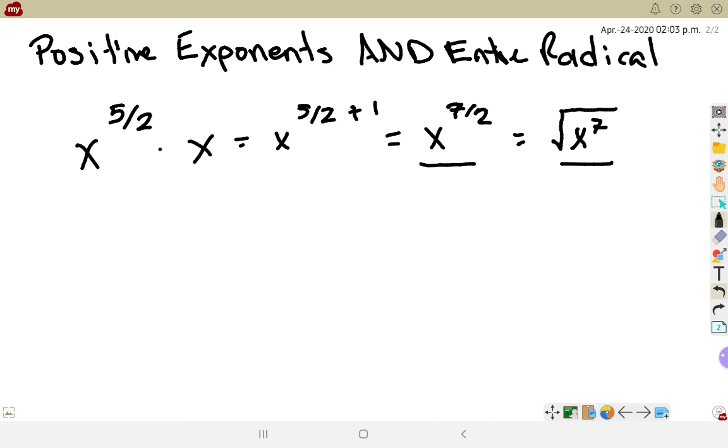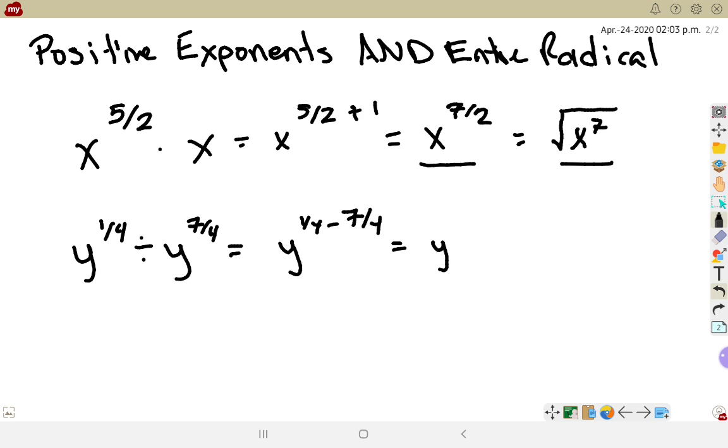Okay, let's say we've got something like y with an exponent of 1/4 divided by y with an exponent of 7/4. Okay, so this one, I would need to subtract my two exponents because they're dividing. Same base dividing, so we subtract, and that gives me y with an exponent of negative 6 over 4, and we could reduce that in lowest terms as negative 3 over 2.